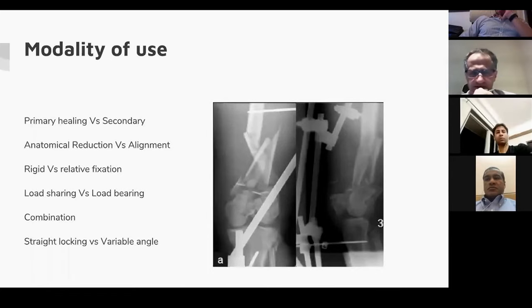About your modality of use. There is a tendency in trauma to put up an x-ray of a really difficult looking fracture fragment, and they'll say, how are you going to fix this?